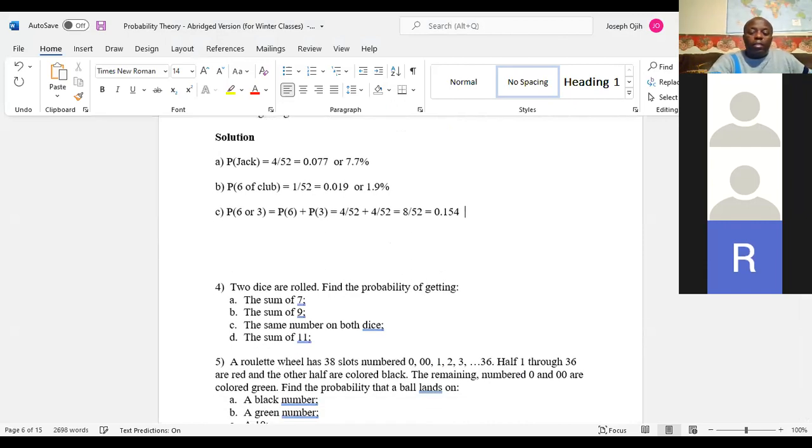Or if you like, you can call it a 15.4% chance. Don't write 15.4 without the percent sign, because that makes your answer wrong. Why? Because probability can never be bigger than 1. But if you put a percent sign, that tells us it's less than 100%, which is 1.